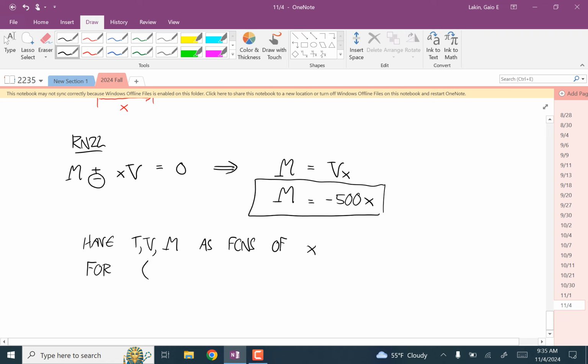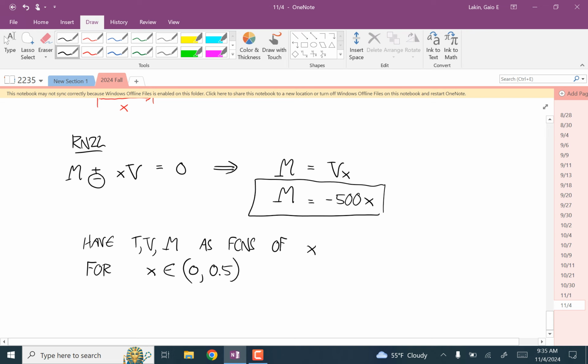And actually, if you want to be really careful about it, which we're going to somewhat gloss over, we're considering x's in a range from just over 0 to just less than 0.5 meters.